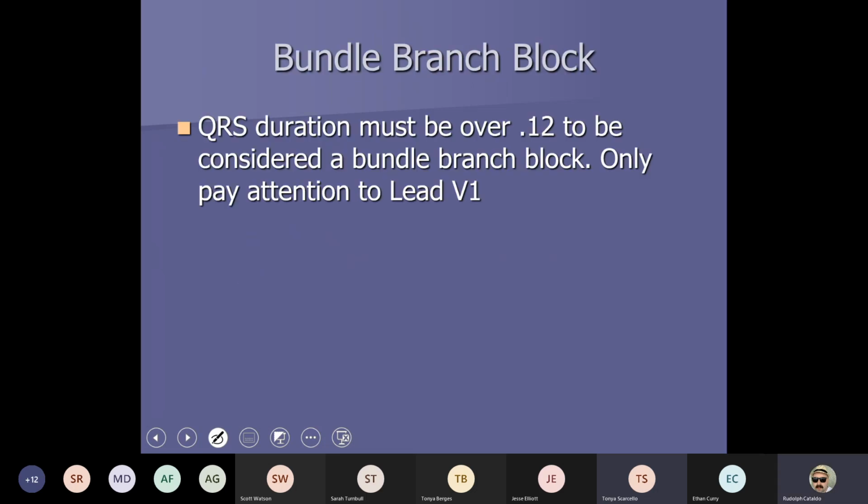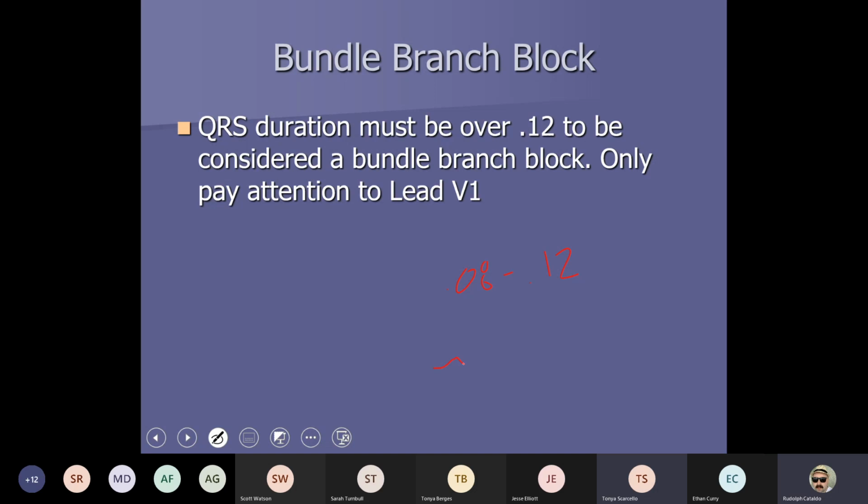So let's look at this. To be considered a bundle branch block, my QRS duration has to be over 0.12. My normal duration is 0.08 to 0.12. So I have to have a wide QRS.